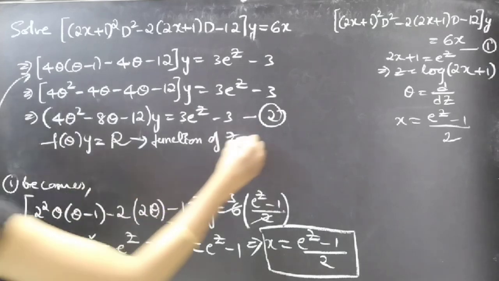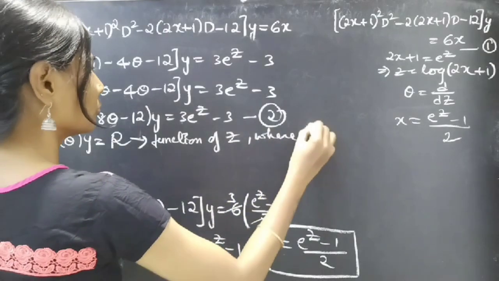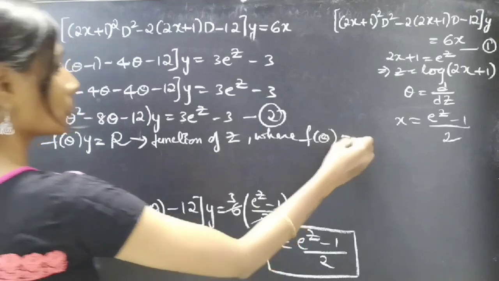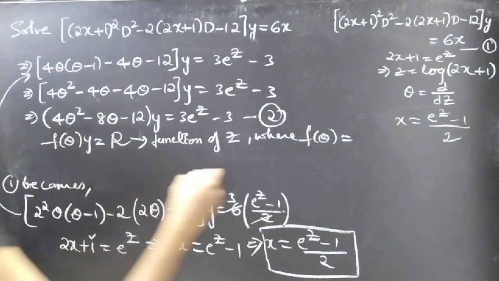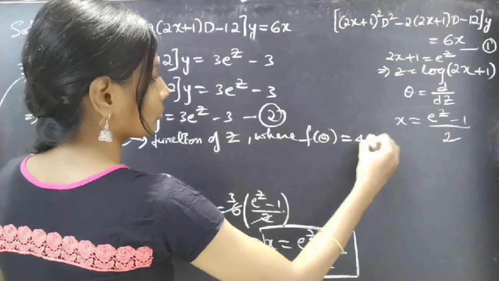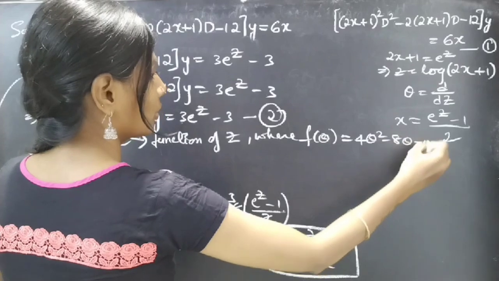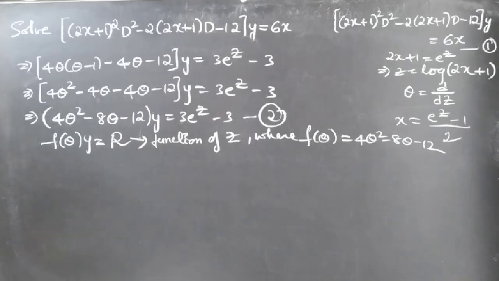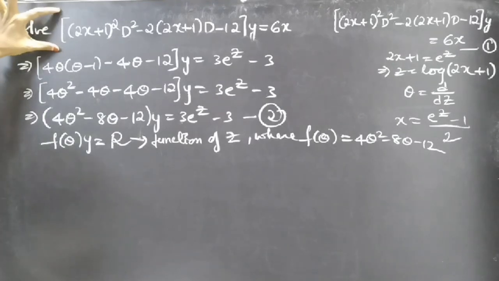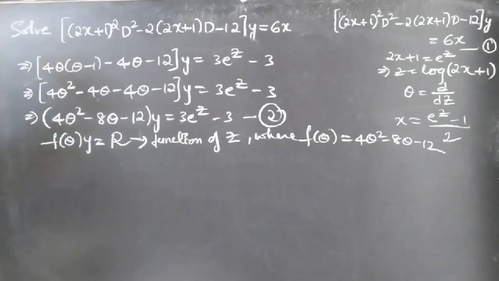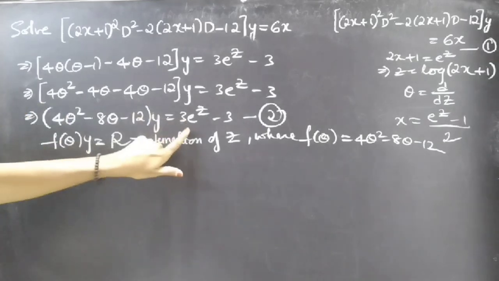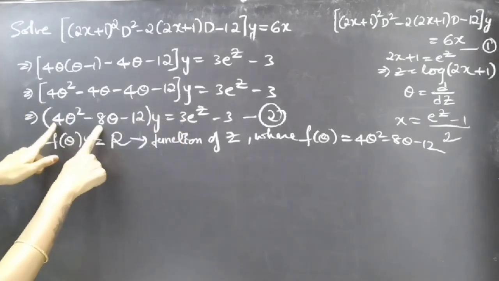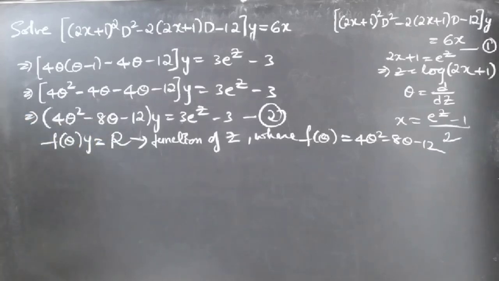Where f of theta is 4 theta square minus 8 theta minus 12, right? So now we have reduced the given differential equation, or Legendre's equation, to a linear differential equation with constant coefficients, right?